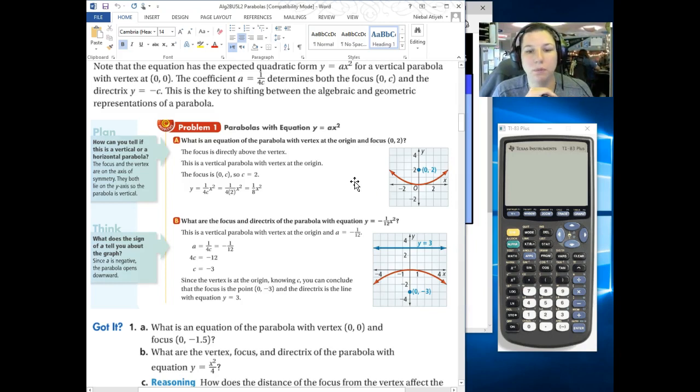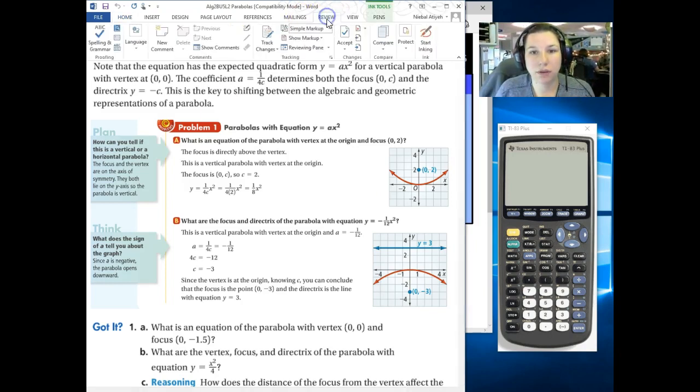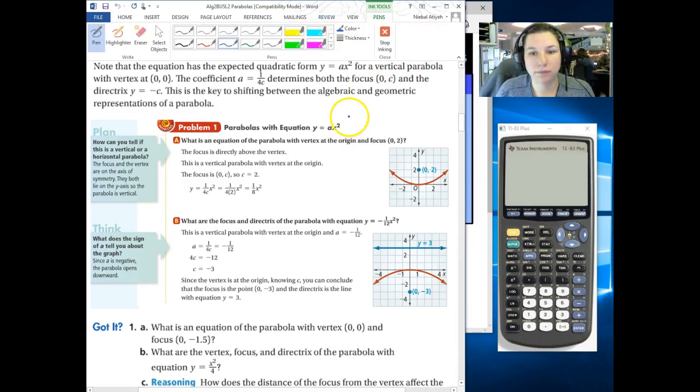So let's take a look at one of them. What's an equation of the parabola with a vertex at the origin? Okay, so it tells me the vertex is at the origin, and it tells me the focus is at 0, 2. So if you look at your formula sheet, this parabola is vertical.